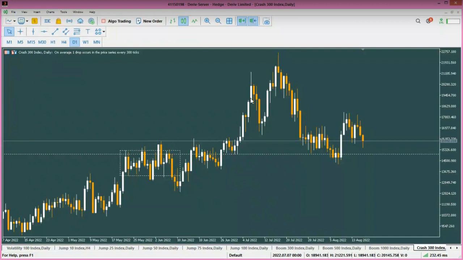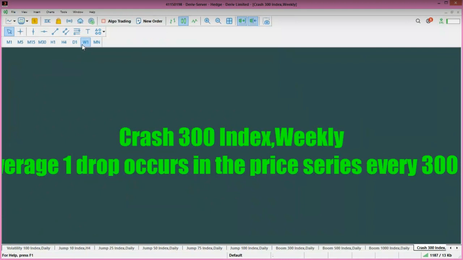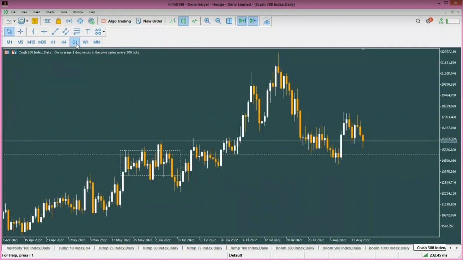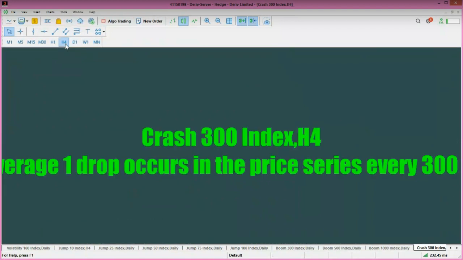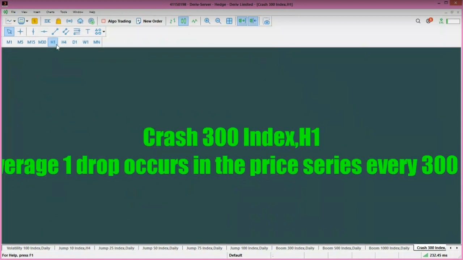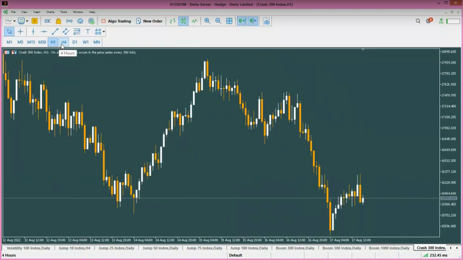In this order, we are doing a top-down analysis from the top, which is our weekly time frame, all the way down to our daily time frame, to our 4-hourly time frame, and even further to the hourly time frame.